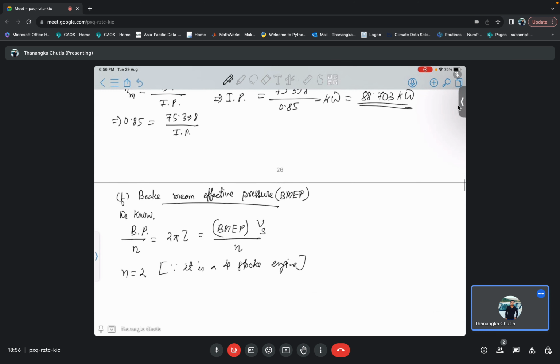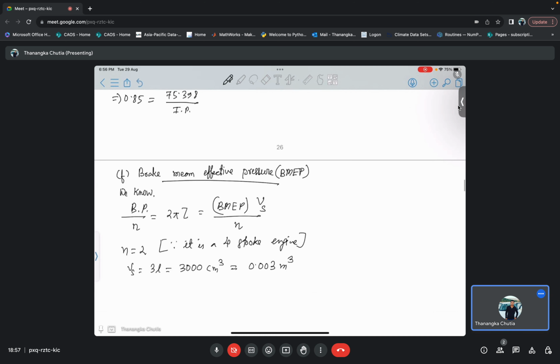And Vs is equal to 3 liter, and in meter cube you can write this as 3000 centimeter cube, which in meter cube is equal to 0.003 meter cube.